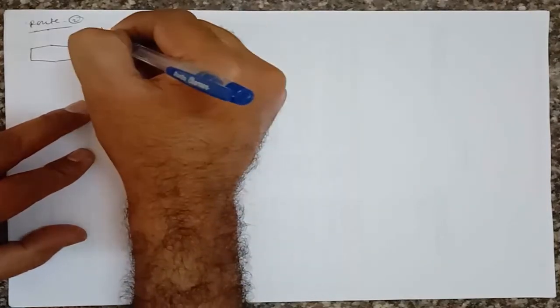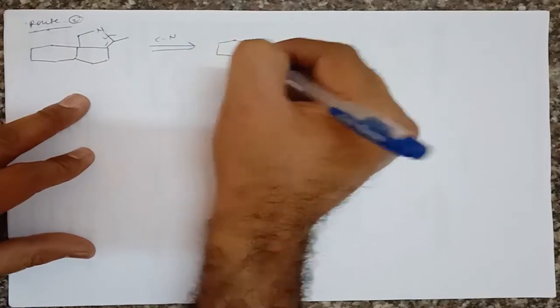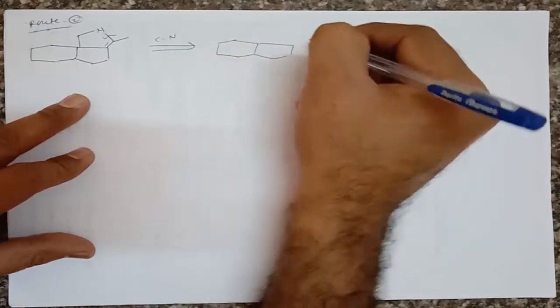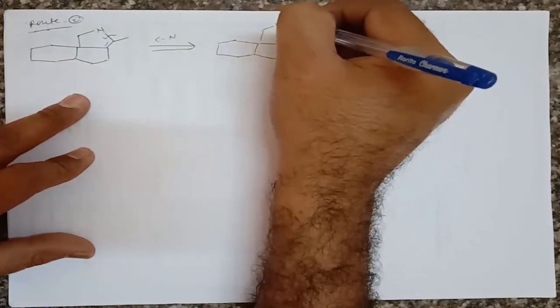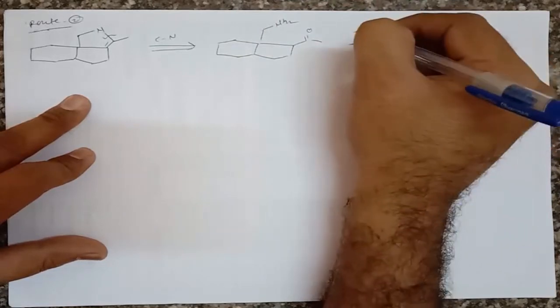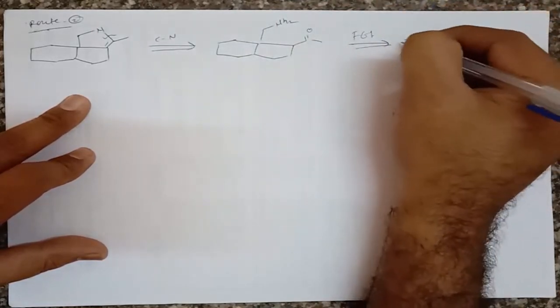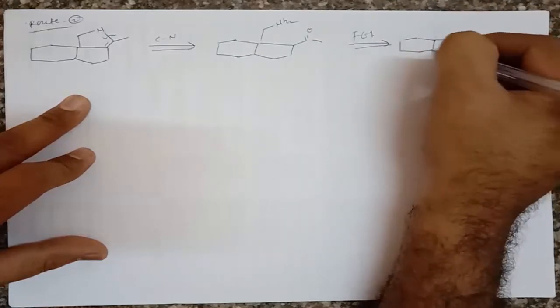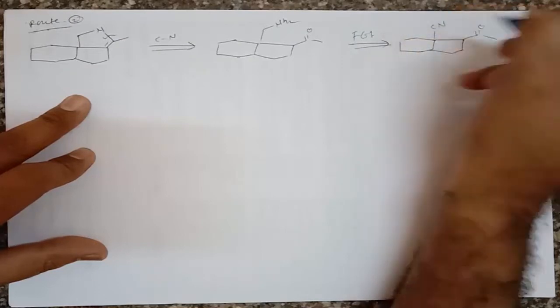By breaking this CN bond, from one side it gives formation of amine, and from the other side it gives formation of a ketone, right? CH2NH2 in this way. Then we can convert this amine into a nitrile instead of amide. So it gives formation of such a type of molecule. So here it gives formation of a CN.